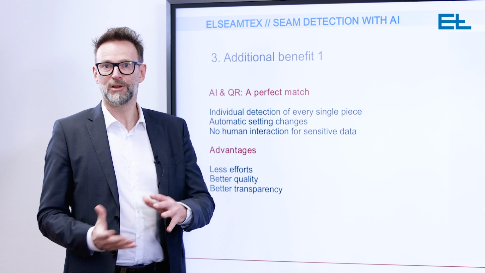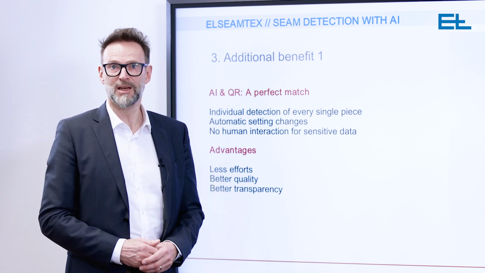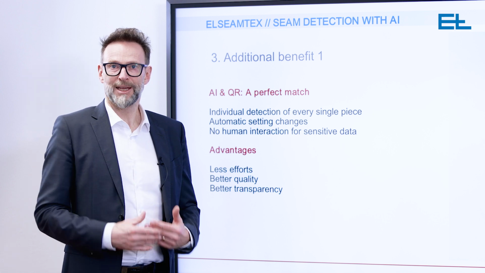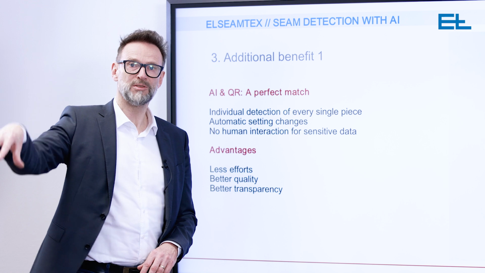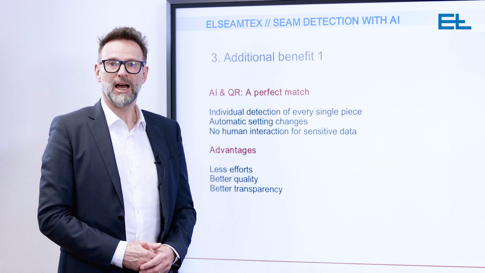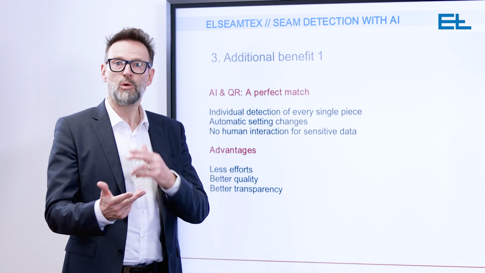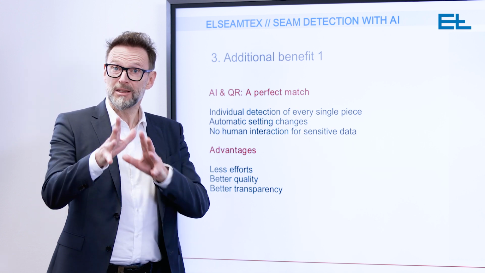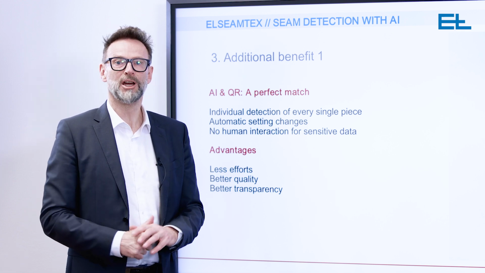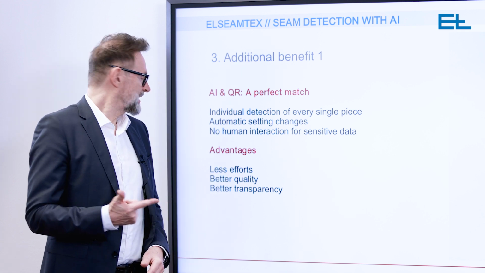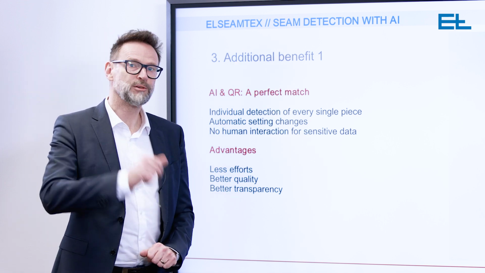For example, if a new lot might start with different parameters, this QR code can trigger the recipe management and tell exactly for this part you have to have other parameters, other chemistry, other temperatures, other pressures, whatever, all at once, and that goes totally automatically. That means no human errors anymore. That means also that you have better quality and finally a better transparency.